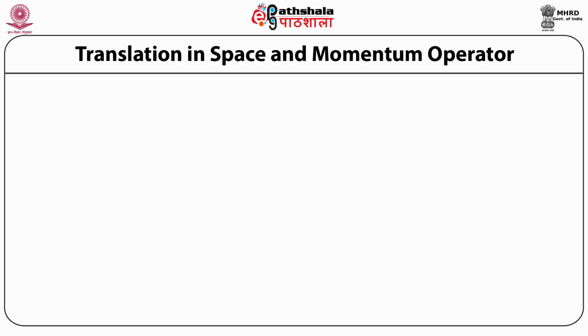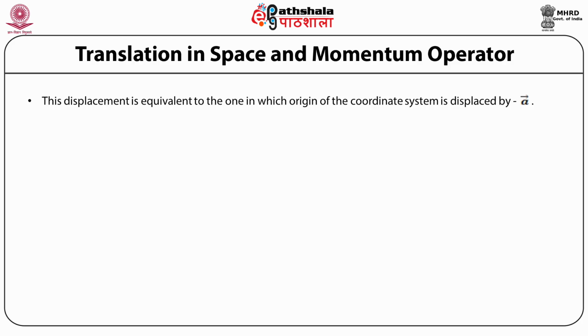Translation in space and the momentum operator. Now, based on the treatment that we've done earlier, we can say that the displacement, as we defined earlier, is equivalent to the one in which the origin of the coordinate system is displaced by a vector minus a.